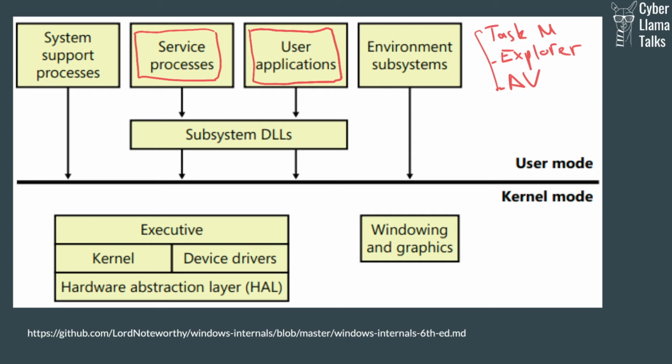They would call API functions, and they would call API functions in subsystem DLLs. You might have heard a lot about kernel32.dll or the lower-level ntdll.dll, and they would call CreateFile or get a registry key or open a network connection or something like this. They would interact with the operating system using these APIs. The APIs are implemented through the subsystem DLLs, which by themselves are executable files, and they actually implement the functionality needed to execute this system request to read the file or get access to the process.